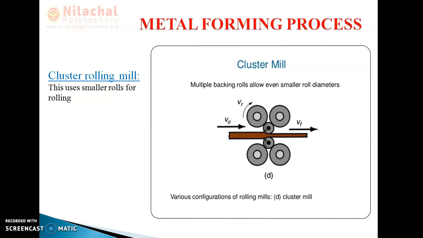That means we are having 2 working rolls, and as far as backup rolls are concerned, you can extend up to 20 or more as per the workpiece pressure needed. This type of mill is generally used for cold rolling purposes.